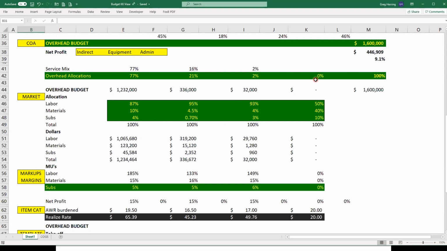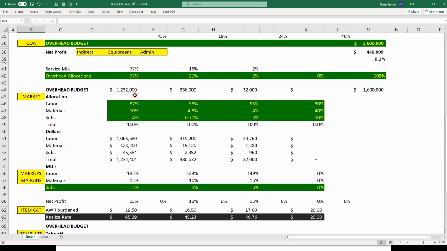Now we get down to market. How do I take that overhead budget of $1.232 million, cell E44, that 77% of the total, which says that's what overhead has to eat up? And so where is it going to be recovered? If I split that out, 100% of the overhead has to be recovered in labor, materials, and subs.